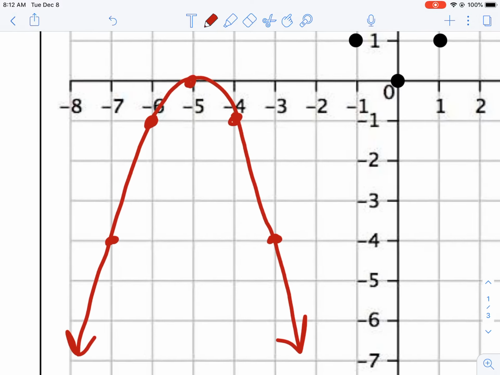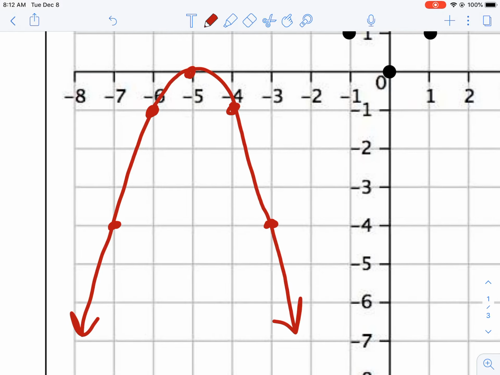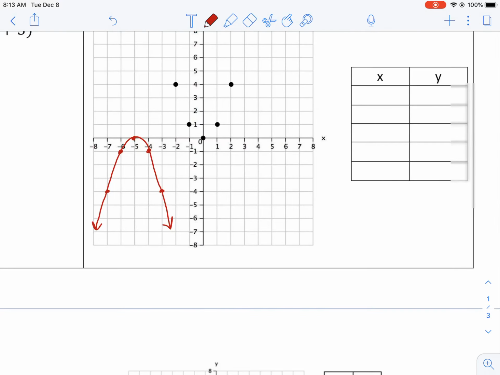So what I was talking about before, the jumps, they're still here. The first point over from the vertex, we're going down by 1. Then the second point over from the vertex, we're going down by 4, right? And that happens on both sides. So if you know these parent function points and you just move them around, you can make the graph pretty easily, right?